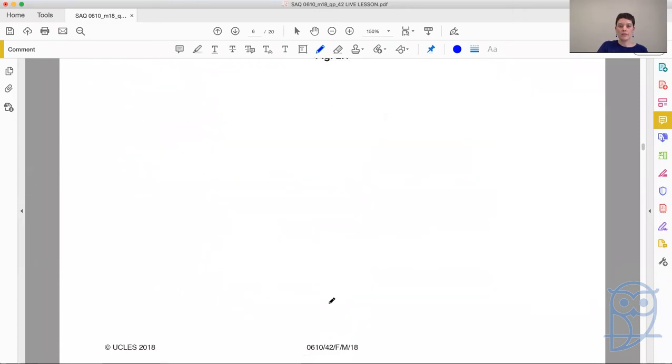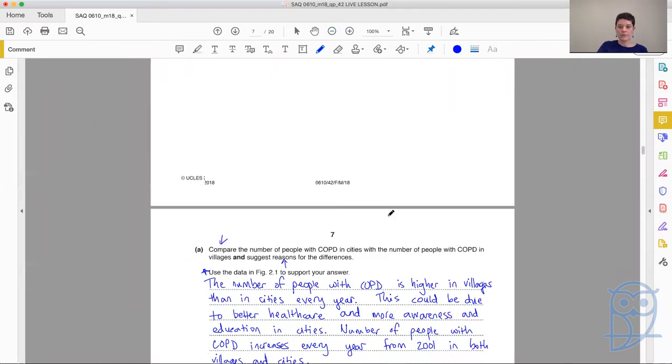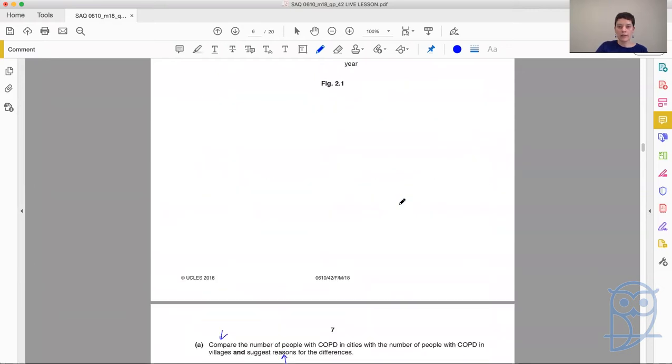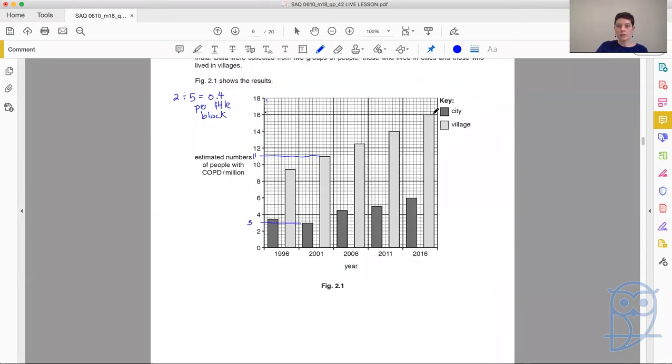So we have in villages, number of people with COPD increases from, how many did we say? 11 all the way up to, in 2016 we have 16. Right on that fat line.